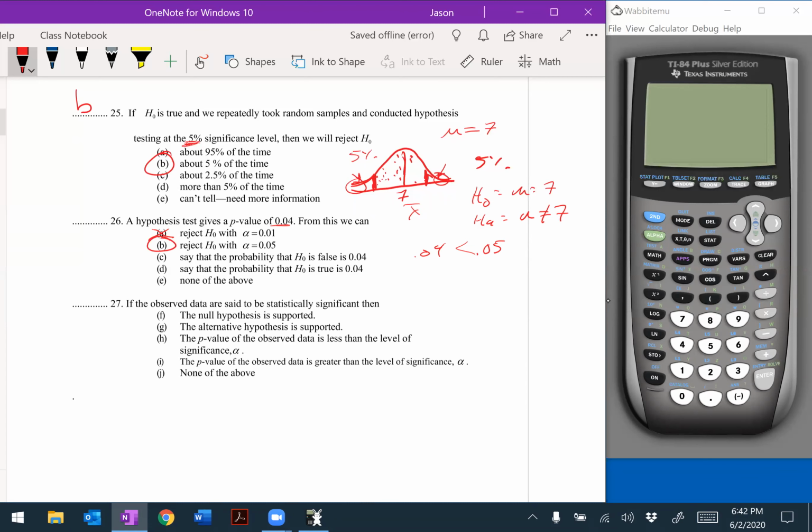We would say that the probability that H0 is false is 0.04, or the probability that H0 is true is 0.04. Well, we found the p-value, right? A hypothesis test gives us a p-value.